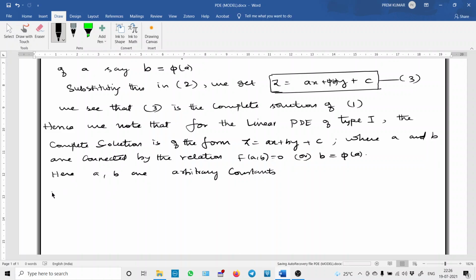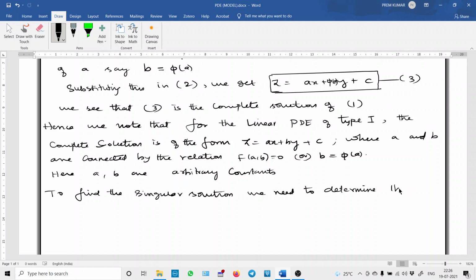To find the singular solution, we need to determine the eliminant of a and c from z equals to ax plus pi of a into y plus c.